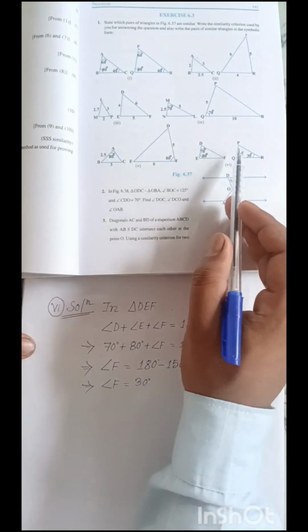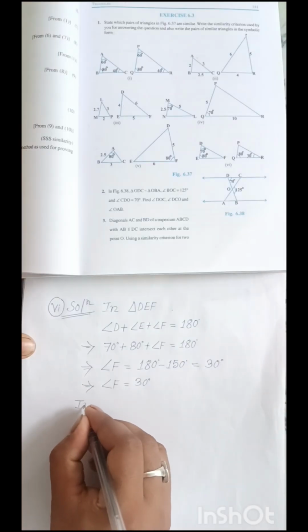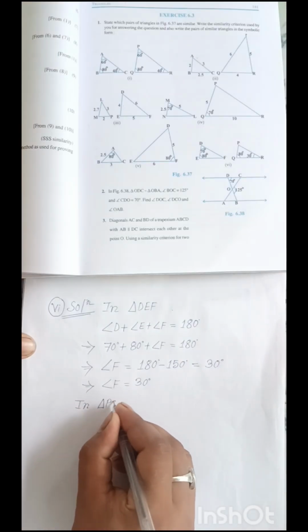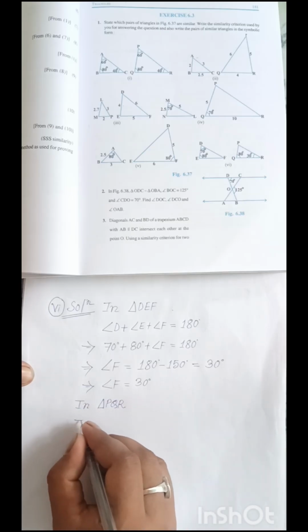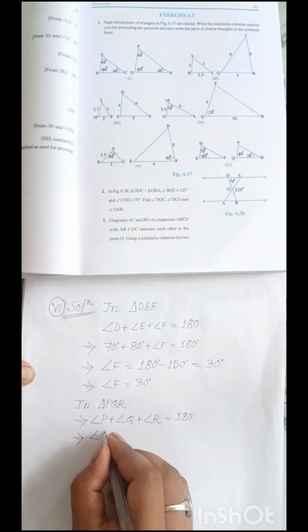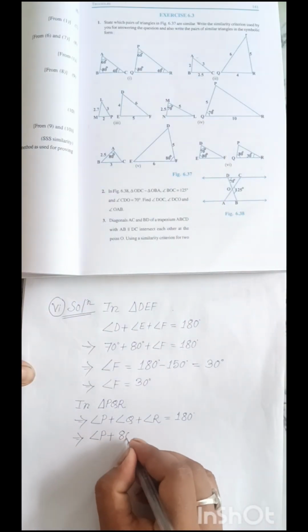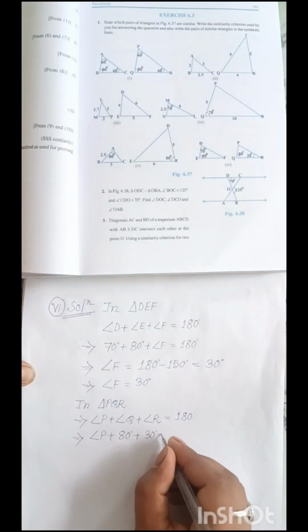Now I will find angle P from triangle PQR. The same property I will use here also. Angle P plus angle Q plus angle R equal to 180 degrees. Angle P value you don't know, so write as it is. Angle Q means 80 degrees plus angle R means 30 degrees equal to 180.